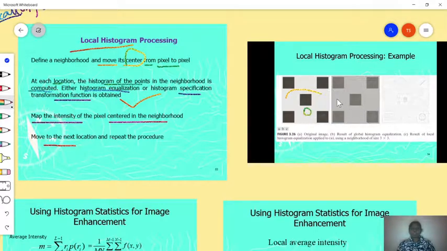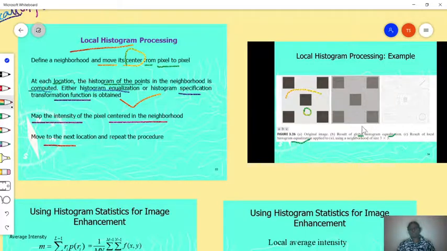And this is the image resulting from the global histogram equalization. So from now on we are calling the histogram equalization and the histogram specification the global histogram. This is the process done by the histogram equalization. And then we applied the local histogram equalization.